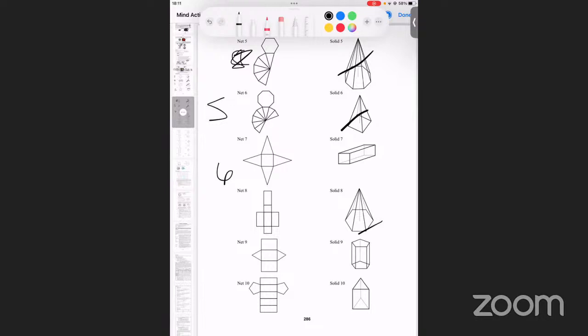Ma'am, I think it's solid 7. Mm-hmm. And then net 9, it's solid 9?